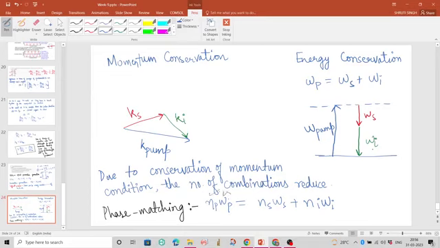This is fixed, this is fixed. If ns and ni can be controlled, then omega s and omega i will have to be only one particular pair which will satisfy this equation. And this refractive index is controlled by controlling the temperature. So refractive index is a temperature dependent thing.